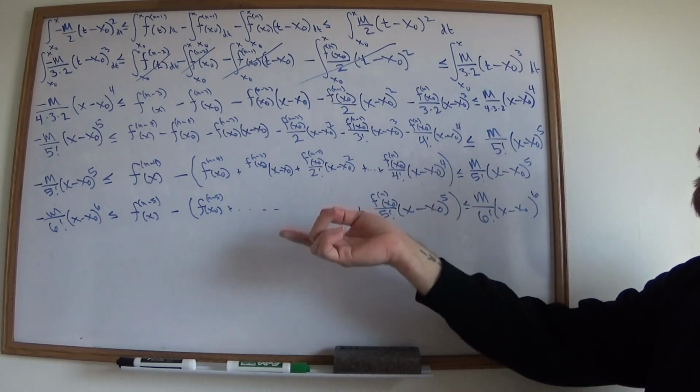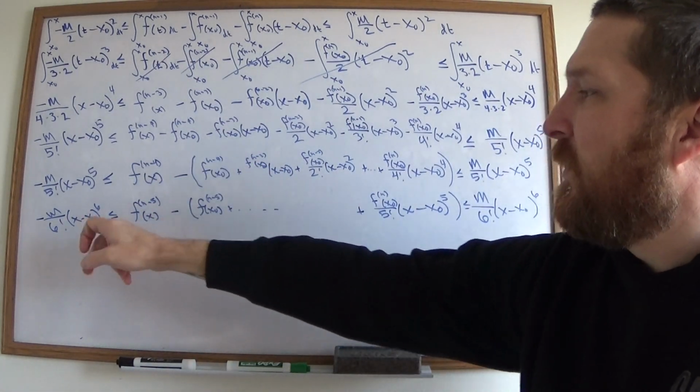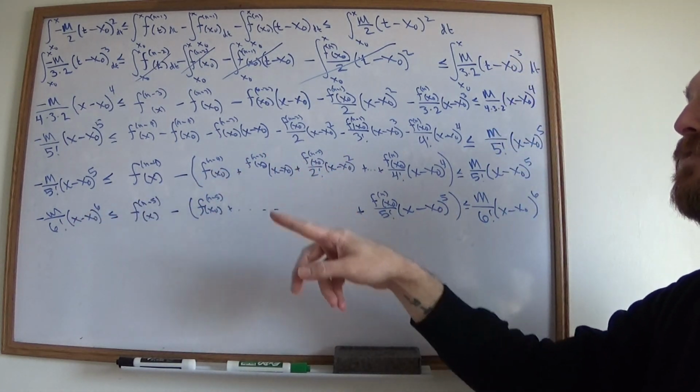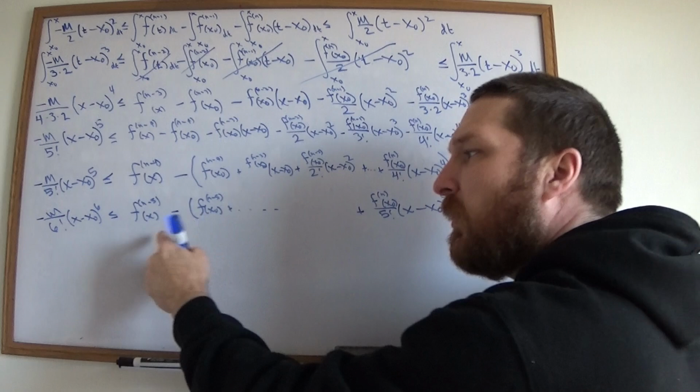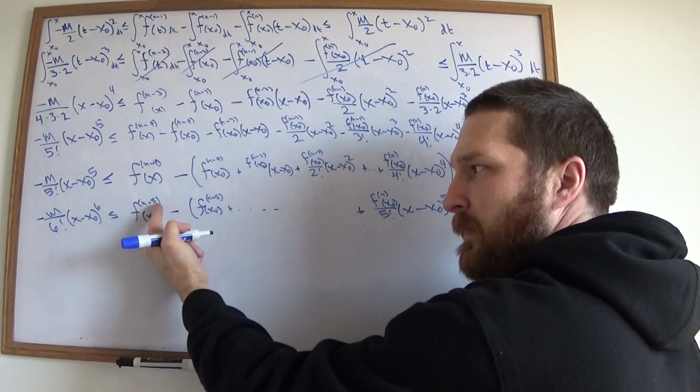Okay? Now, when it's n minus 6, it'll be to the 7th. When it's n minus 7, it'll be to the 8th, and so on until we get all the way down to n minus n. Right?